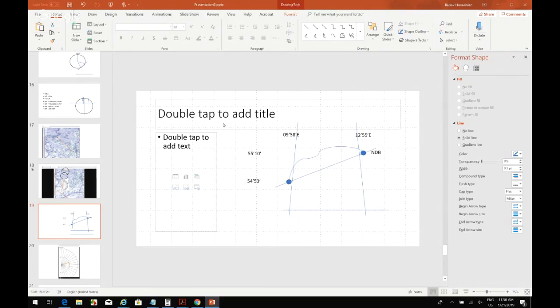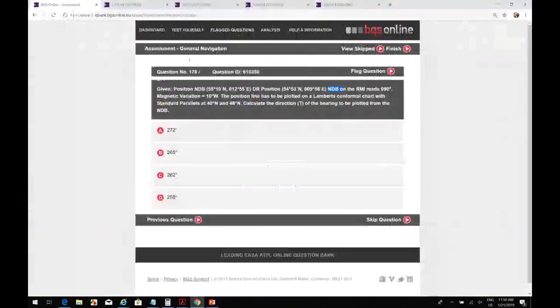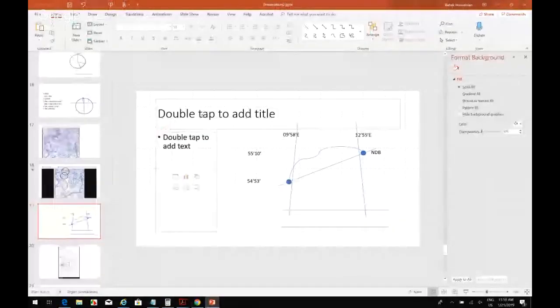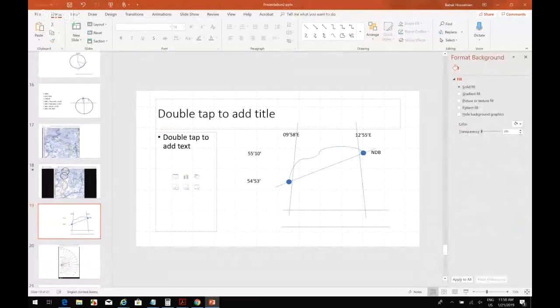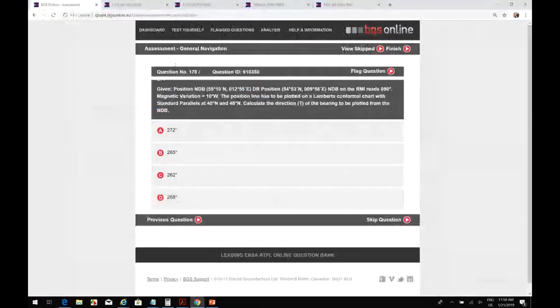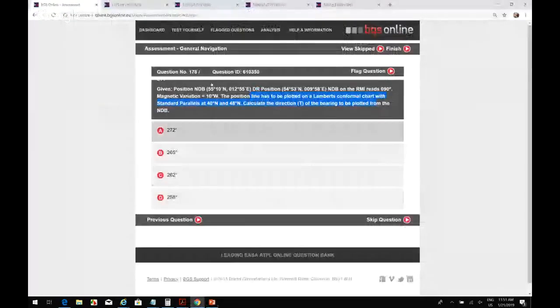So there's that. NDB is 90 degrees, so this angle here is 90 degrees. Or is that one 90 degrees? I don't know. The position line is to be plotted on the Lambert chart conform. Calculate the direction true of the bearing to be plotted from the NDB. So from the NDB, if that's 90 degrees, the reciprocal is 270. Is that it?